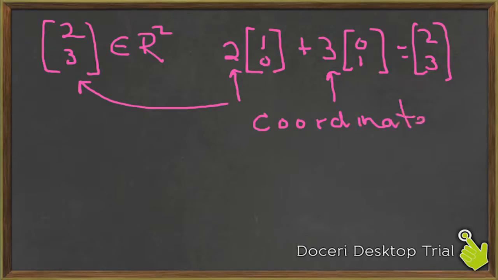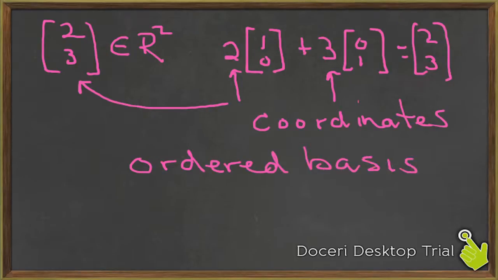Now you all took a quiz and we talked about this in class, but we know that the coordinates come from an ordered basis. And the basis has to be ordered. That just means that those basis vectors are put in some sort of order because otherwise we'd have no idea what someone really meant when they referenced the vector 2, 3.